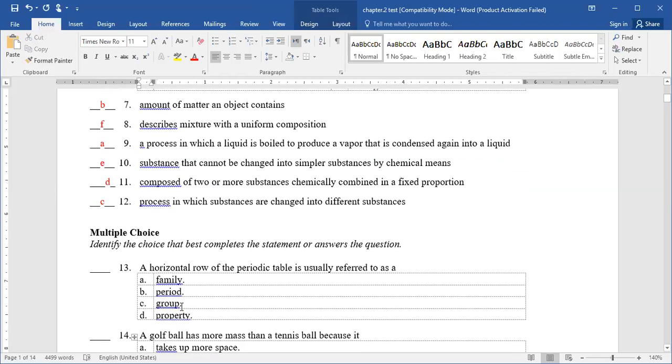Multiple choice here. The horizontal row of the periodic table is usually referred to as a period.